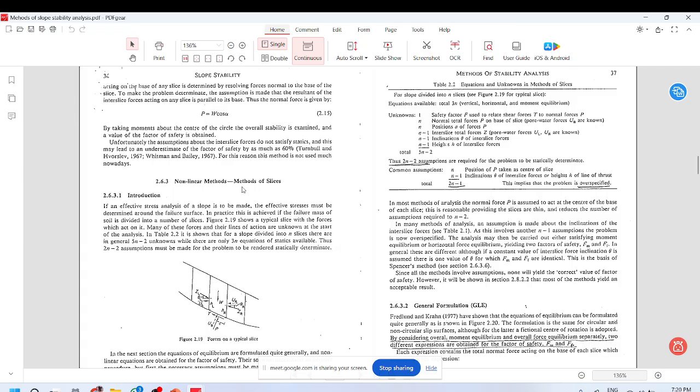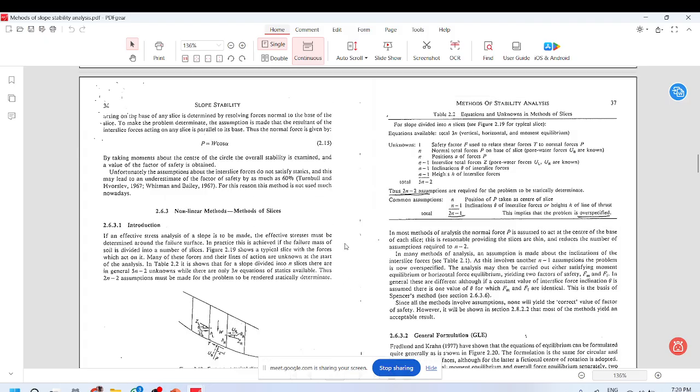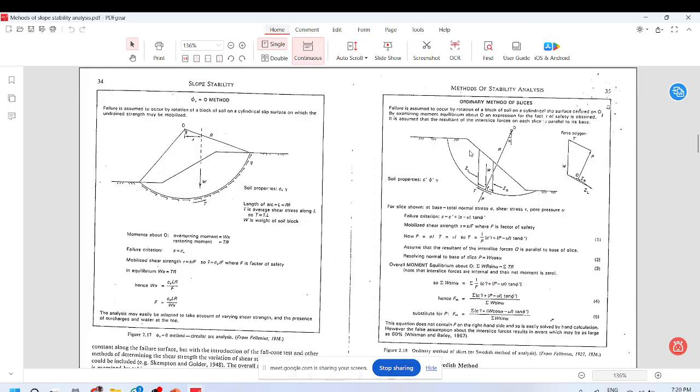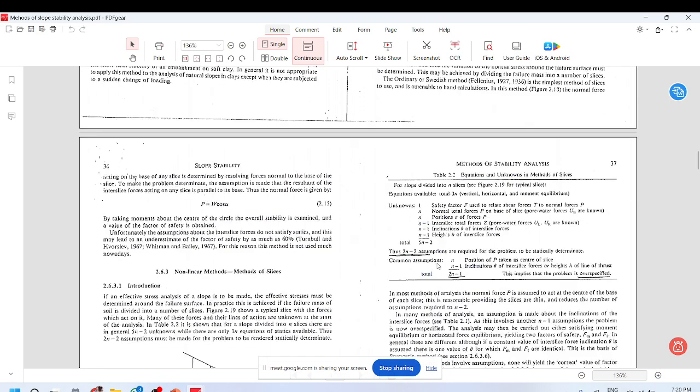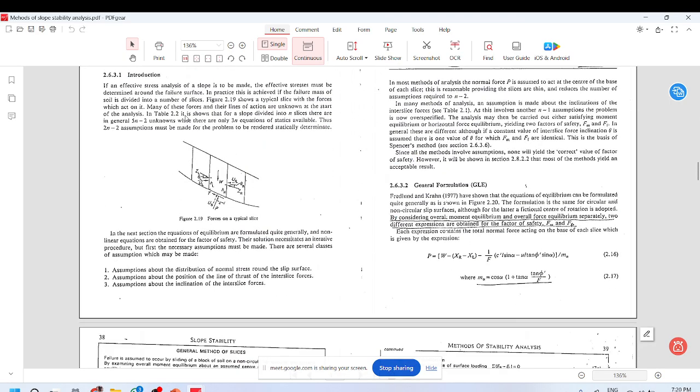Further, if you go beyond ordinary methods, we talk about Bishop's method, Spencer's method, Morgenstern Price method. Here we do not take the failure surface to be simply circular.